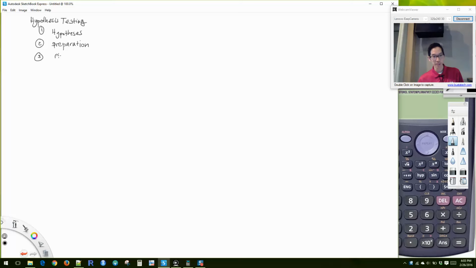And then we do some calculations. Then step 4 was to do the interpretations and conclusions.